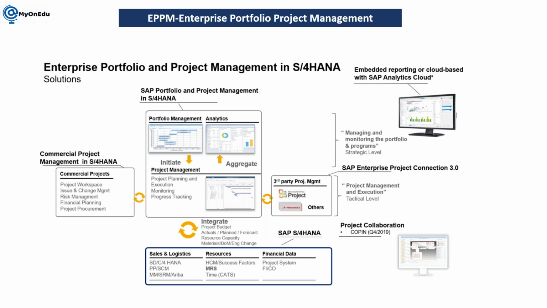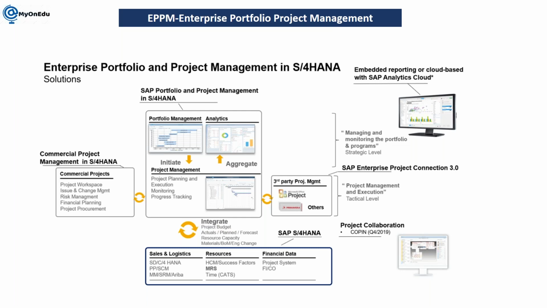Before the version of S/4HANA 1709, these modules were an add-on, and to implement them, we were supposed to have a separate server or the installation of these modules on the same application server as an add-on.